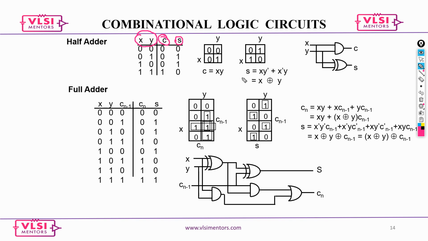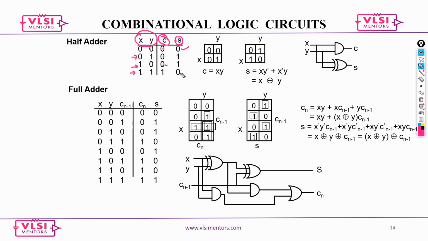So now here, if you look at when you add 0, 0, the sum is 0, carry is 0, and when you add 0 and 1, sum is 1, carry is 0, and when you add 1 and 0, the sum is 1, carry is 0, and when you add 1 and 1, that means it is basically 2. So your sum is 0 and your carry is basically 1. Okay, so this is how the addition actually happens.